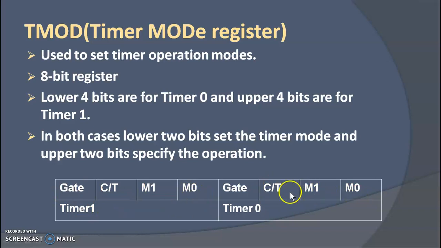In both the cases, that is whether we are talking about timer 0 or timer 1, the lower bits, that is M0 and M1, which you are seeing here, they are used for setting the mode of the timer, and the other 2 bits or the upper bits, which are written as gate and C by T here, they are used for specifying the operation of the timer.